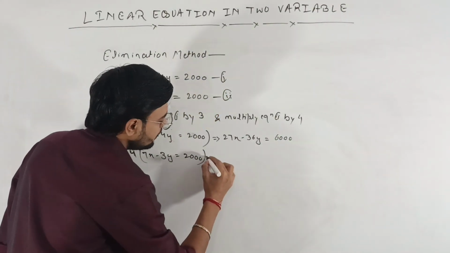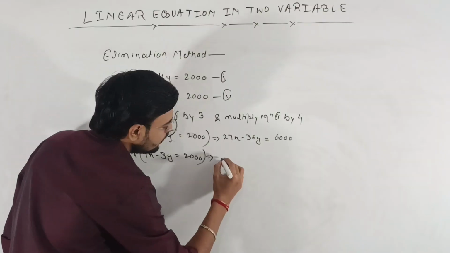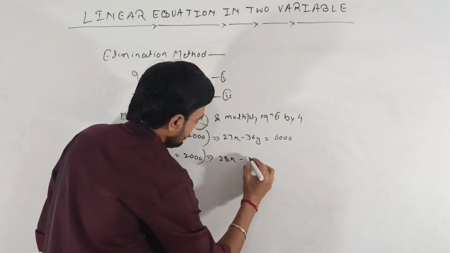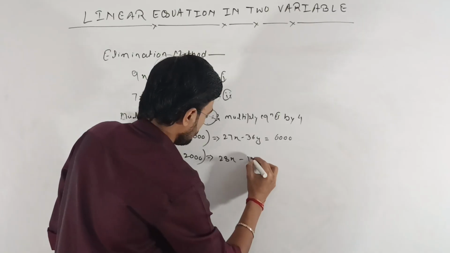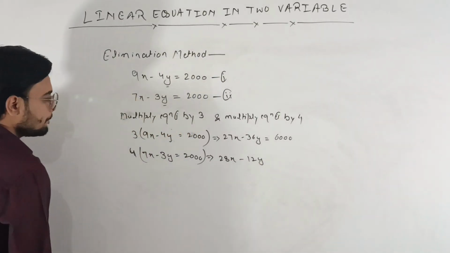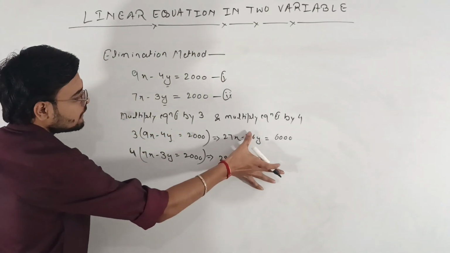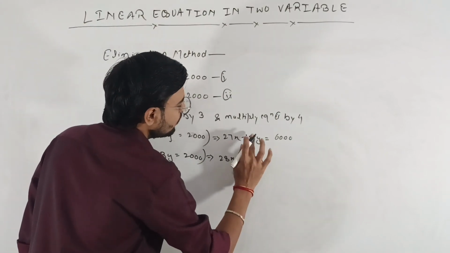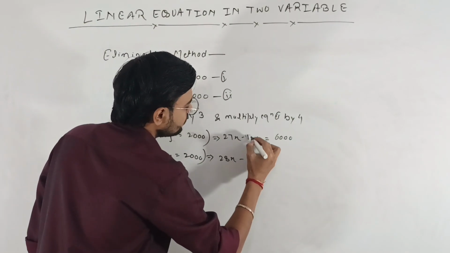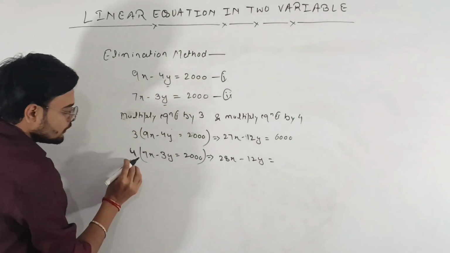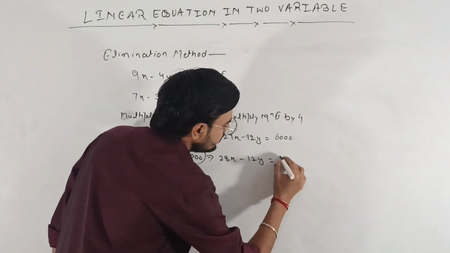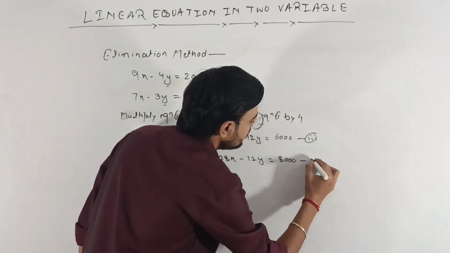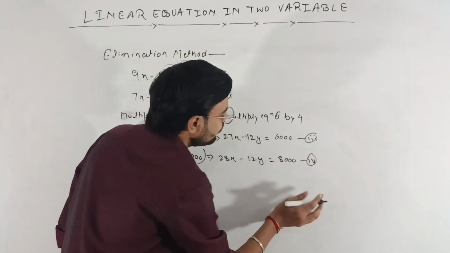Now after multiplying this will become 4 times 7 is 28x minus 4 times 3 is 12y is equal to 4 times 2000, which is 8000. Now this is my equation number 3, and this is my equation number 4.